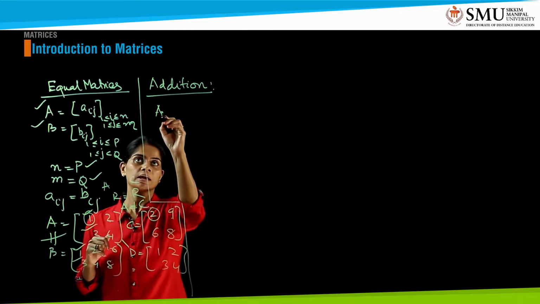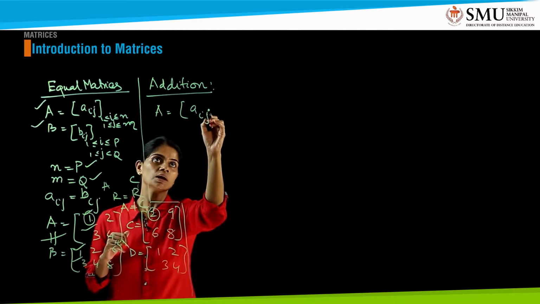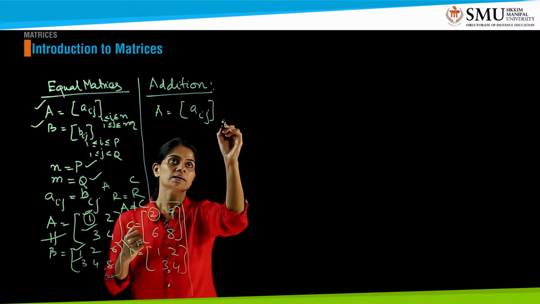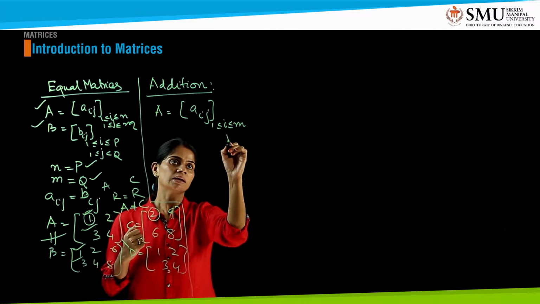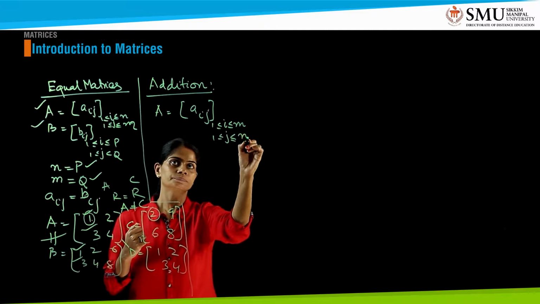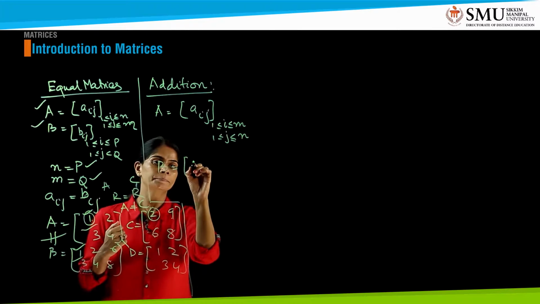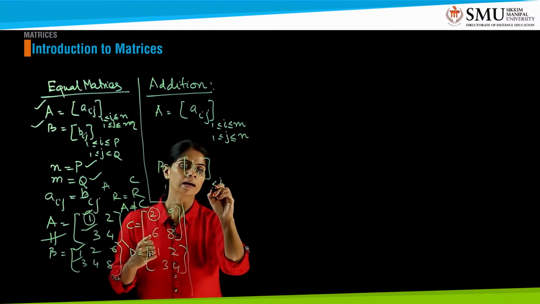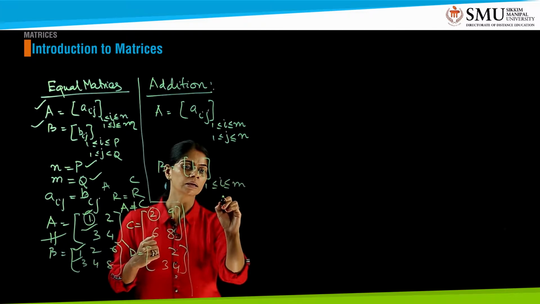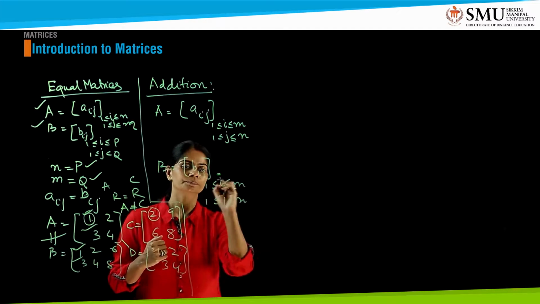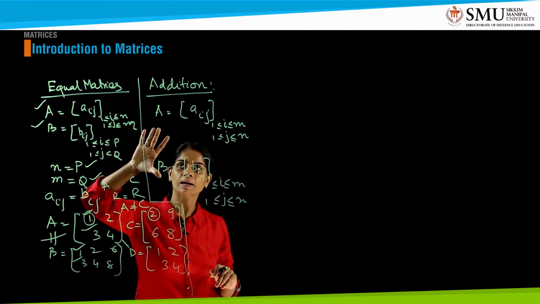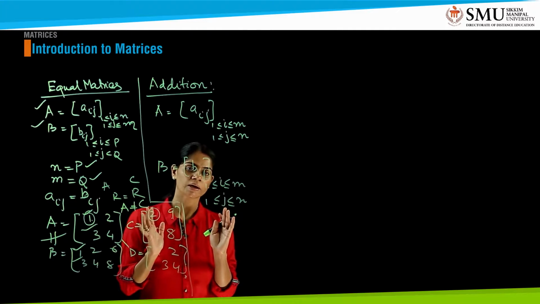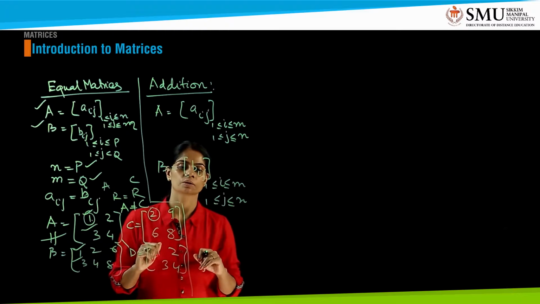Let us suppose A = Aij is a matrix of order m cross n, with i from 1 to m and j from 1 to n, and B = Bij is another matrix of the same order, meaning both matrices have the same number of rows and the same number of columns. If this condition is satisfied, only then can we move to the addition of these matrices.